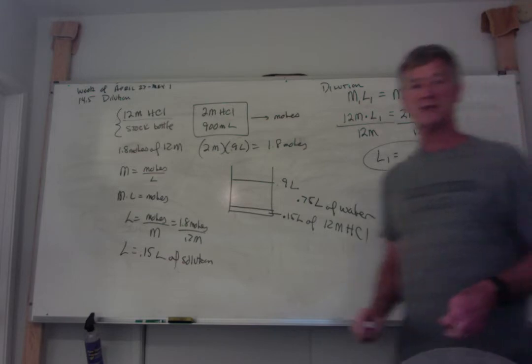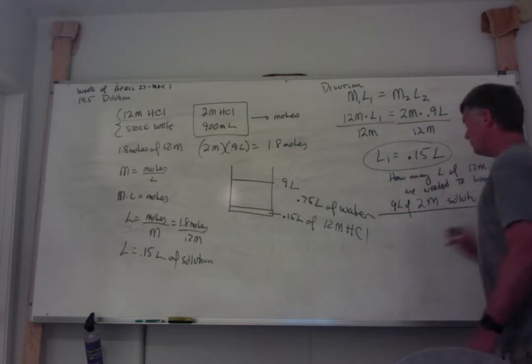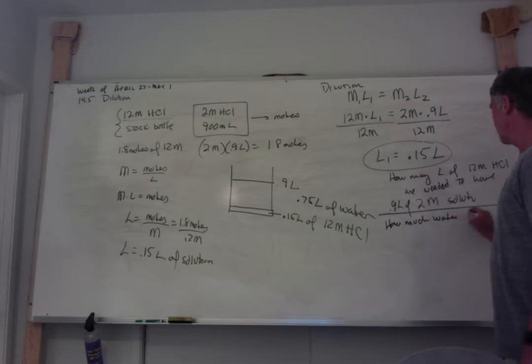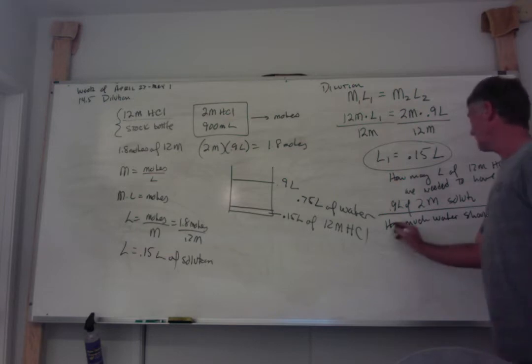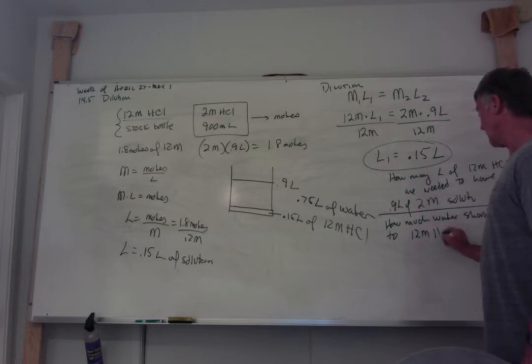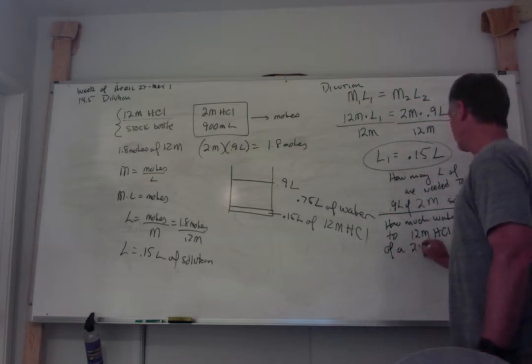But if I was to ask the question, how much water do I need to add? So the question very well could be, how much water should be added to 12 molar hydrochloric acid to have 0.9 liters of a 2 molar solution.